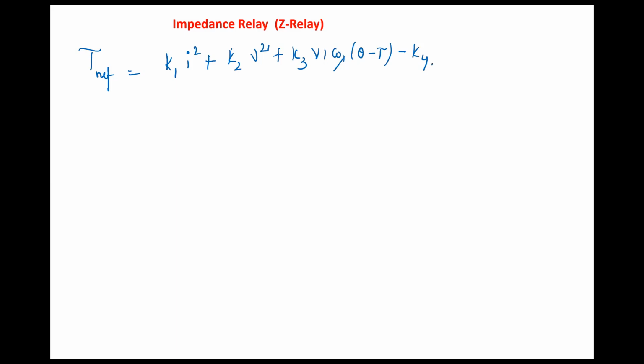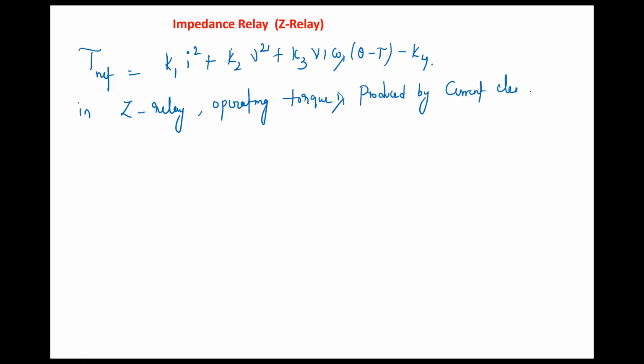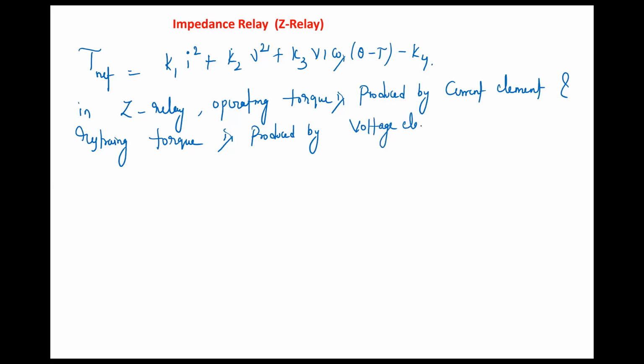The Z relay is a voltage restraint relay. In the Z relay, the operating torque is given by the current element, and the restraining, opposing torque is produced by the voltage element. Understand?